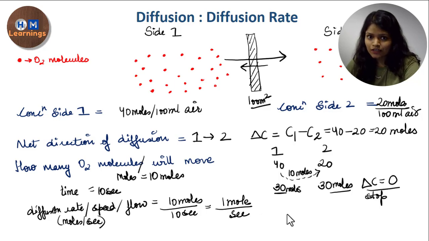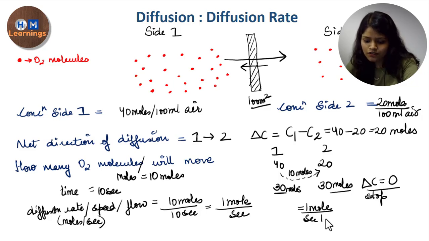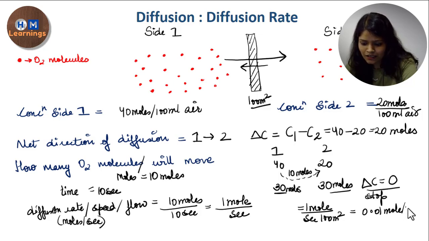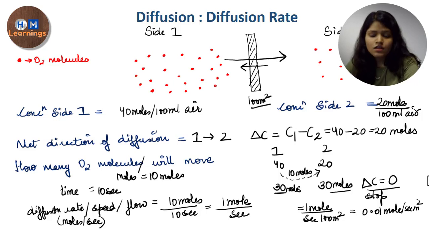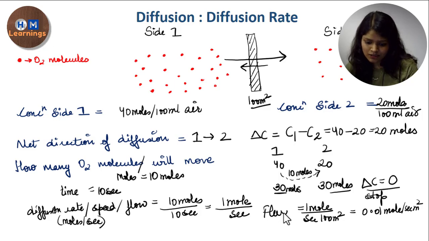Now, if you want the diffusion rate of molecules per second per meter square of the area, you will divide 1 mole per second by 100 meters square, and this gives you 0.01 mole per second per meter square. That means 0.01 mole per second per meter square of diffusion barrier is moving from side 1 to side 2, and this is defined as the flux.